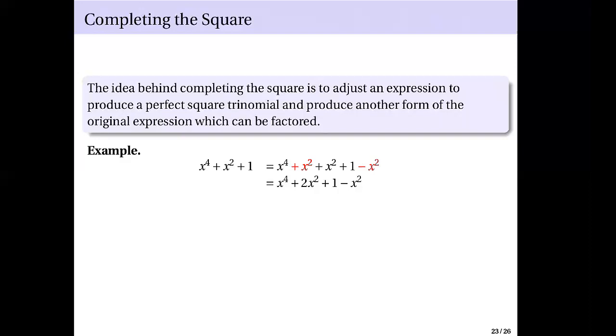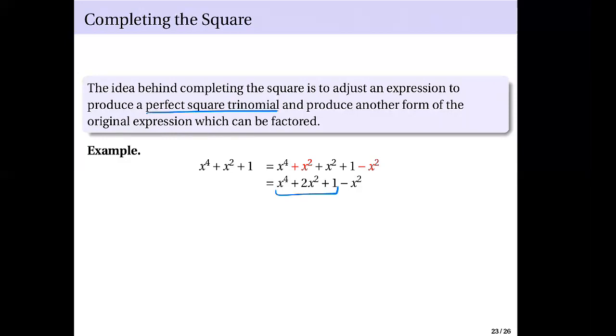Now, I have the other form in here. If we look at this expression, this is a perfect square trinomial. That's a perfect square trinomial.